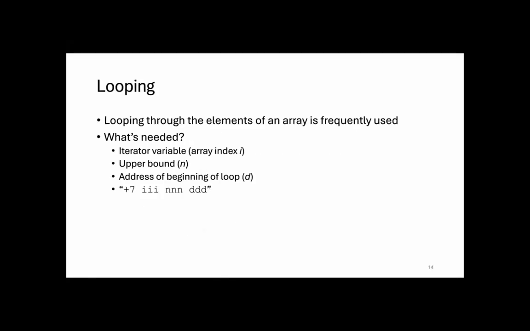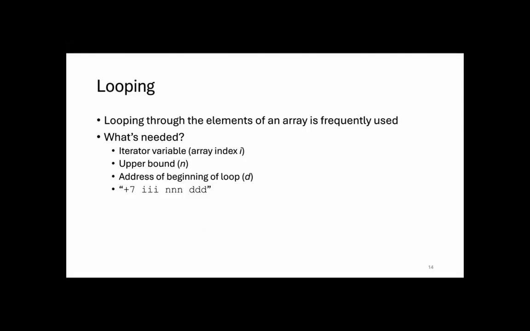Okay, let's look at how we want to do looping. That's a frequent operation that you do on an array. When you have an array, you frequently loop through the elements of the array to do different things, maybe addition, or apply something. So in order to loop through an array, we want to have an iterative variable, array index I, and we want to have an upper bound, the end where we want to stop after looping through the array.